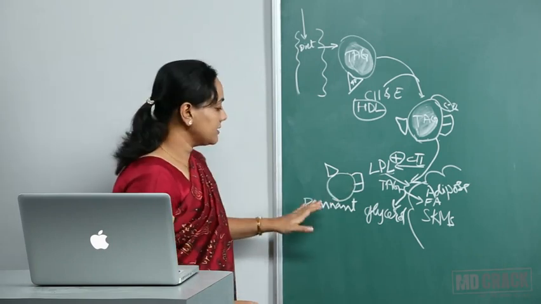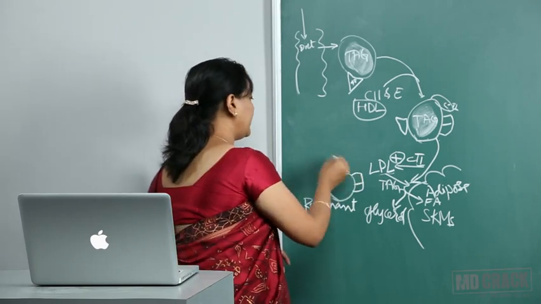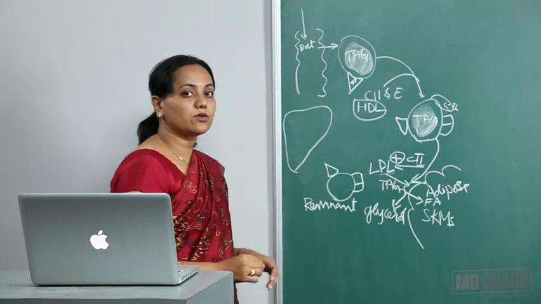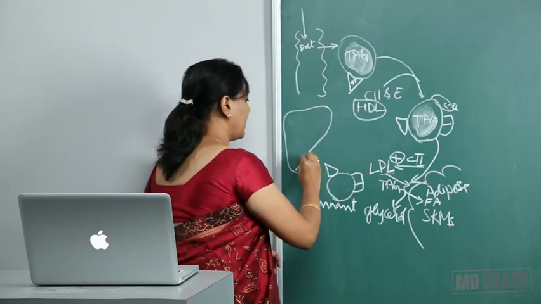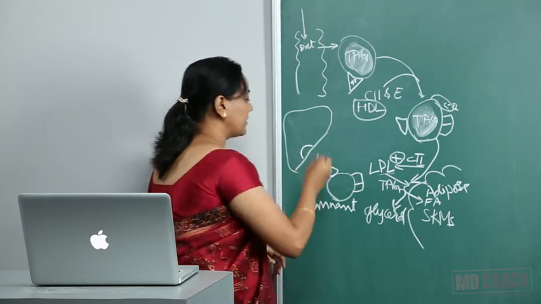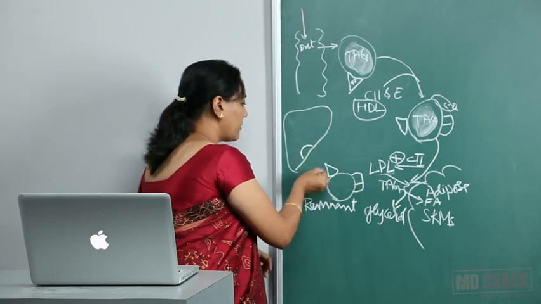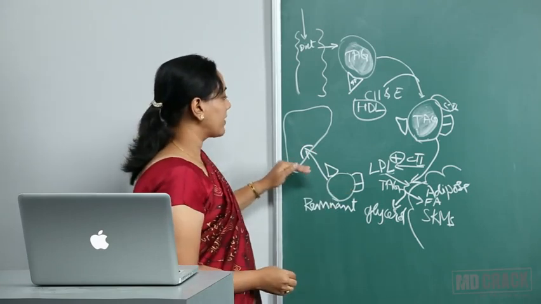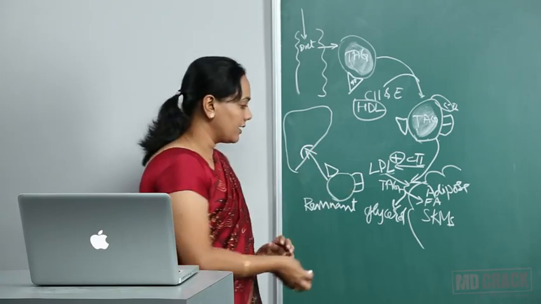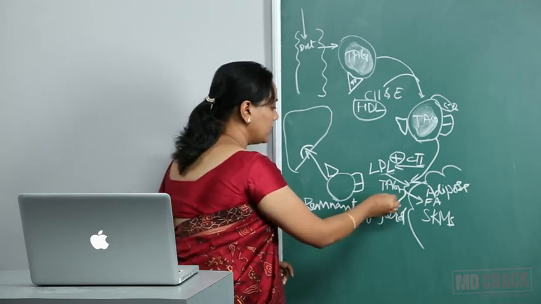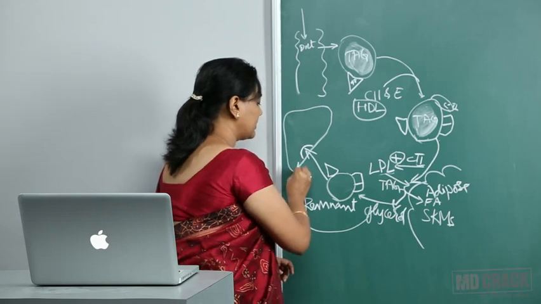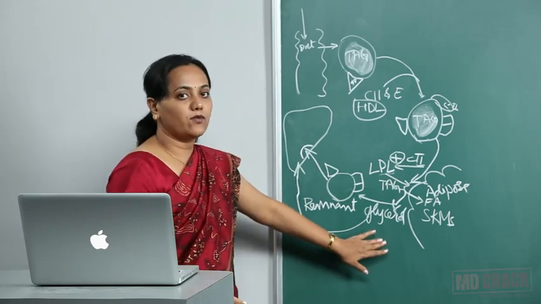This remnant is then taken up by the liver. From the systemic circulation, it reaches the liver, and by the B48 specific receptors or by ApoE receptors, this chylomicron remnant is taken up by the liver. Remember, the glycerol also goes to the liver for further action.